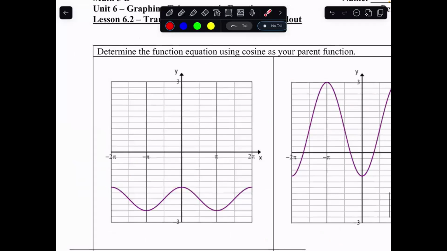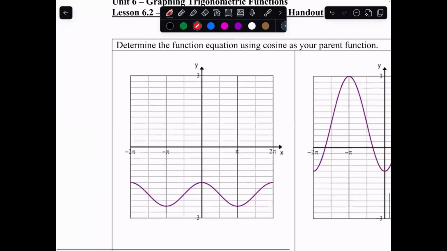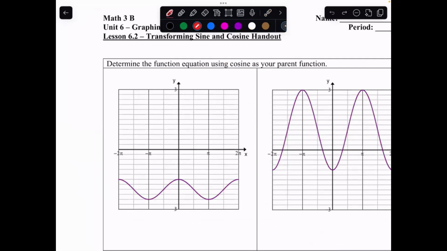Here, I asked you to use cosine as your parent function. Oh, sorry, you can't see that. Okay, so I asked you to use cosine for these top two.